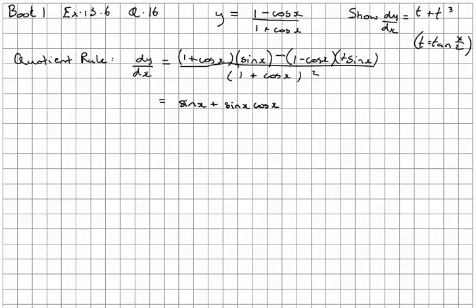These two minuses cancel, so I get plus sin x minus sin x cos x. That's all over (1 plus cos x) squared.